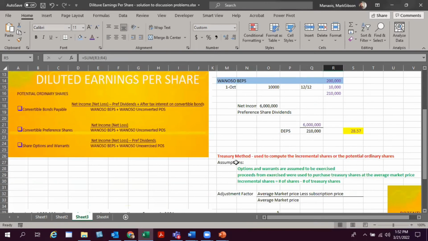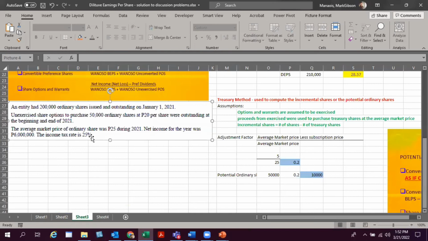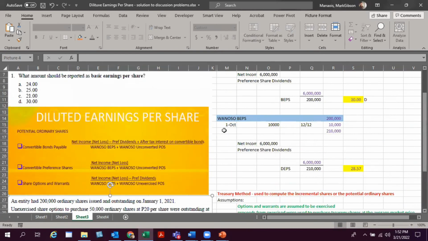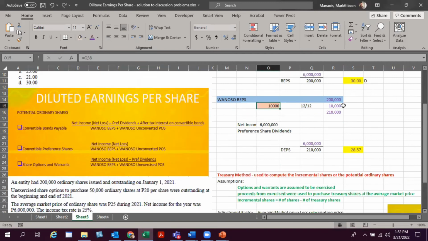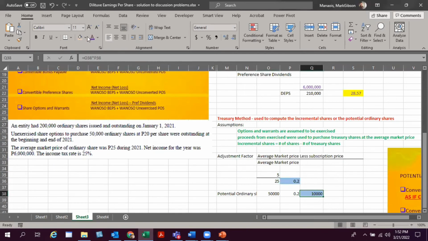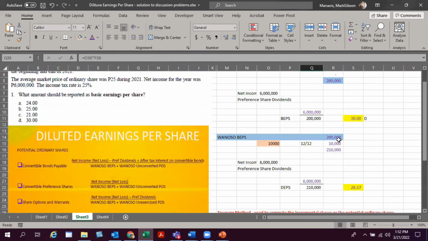Now, in terms of the potential ordinary shares on the share options, it's the 10,000 that we computed. Multiplied by 12 over 12, because it is as if this was exercised at the earliest presentation, January 1, 2021.